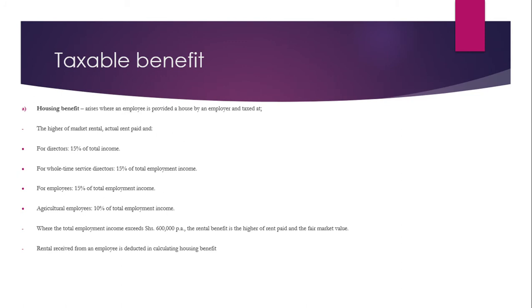Taxable benefit on house benefit arises where the employee is provided a house by the employer, and it is taxed at the higher of market rental or actual rent paid, and for a director 15% of total income, for a whole-time service director 15% of total emolument or employment income, for employees 15% of total employment income, agriculture employee 10% of the total employment income, where the total employment income exceeds 600,000 per annum.